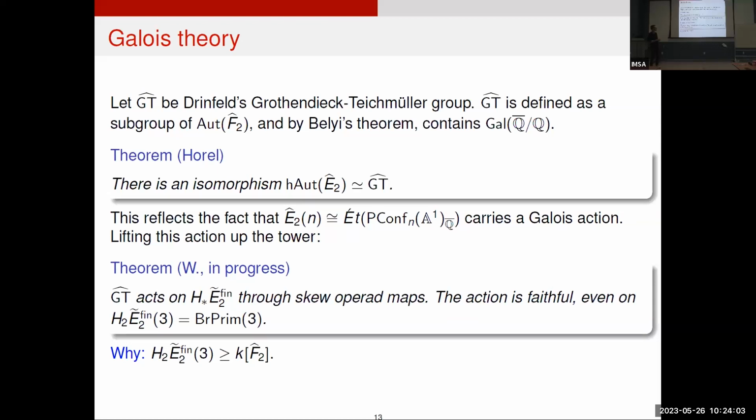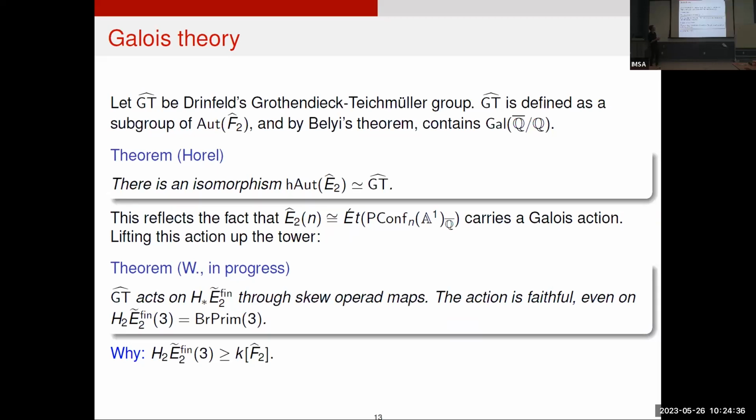Now, there isn't, as far as I know, an algebra structure on the actual configuration spaces in the category of varieties, so we don't immediately get a Galois structure on E2 hat. But Geoffroy interpreted Drinfeld's construction of the Grothendieck-Teichmüller group to show that the group of homotopy automorphisms of the profinite completion of this operad is the Grothendieck-Teichmüller group.